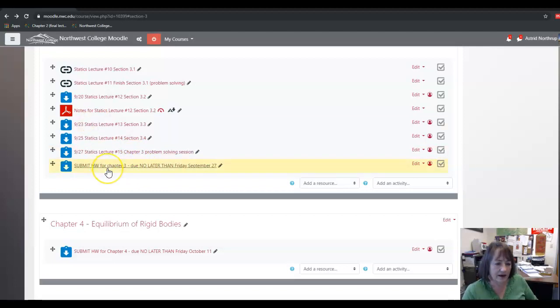We will not have any quiz, just the homework for 3, and then the following week we'll get started on chapter 4. Now, the skills that we were doing in chapter 3 are going to pull directly over into chapter 4. So if you do really well with chapter 3, you will find chapter 4 to flow naturally from that and not be too much more material to learn.